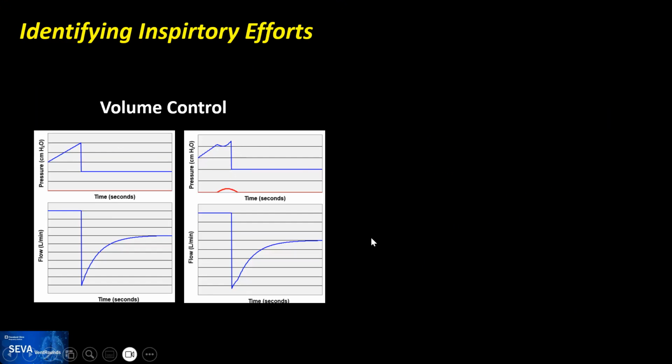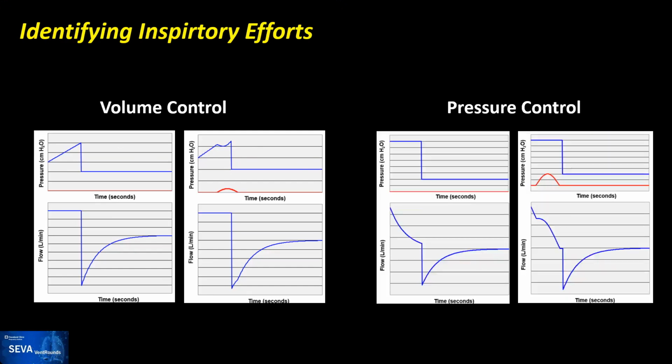And where do you look for pressure control? Well, in pressure control, we want to see a constant inspiratory pressure usually for set point targeting, and we have an exponential decay in the flow for passive inspiration. But here again, if we have an inspiratory effort midway through the inspiratory time, then we're going to distort the flow waveform.